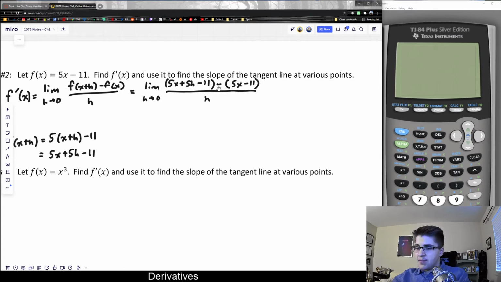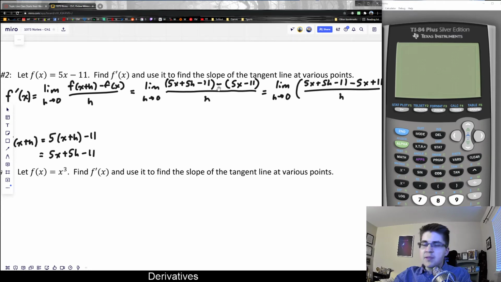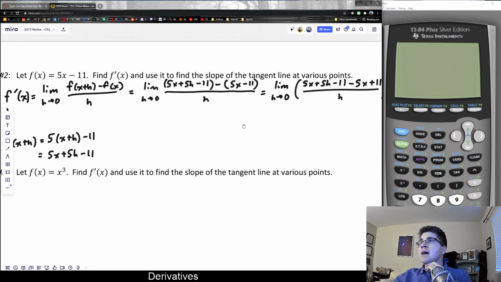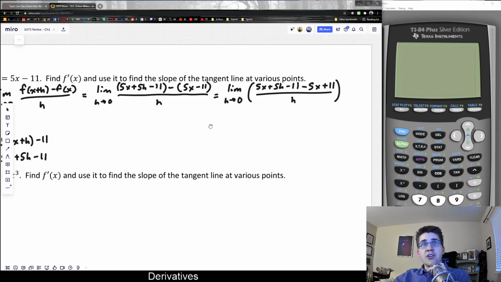Now, I could simplify this further by using the distributive property. I have the limit as h approaches 0 of 5x plus 5h minus 11, and this would be minus 5x plus 11. And as I said in class, and as I'll keep reminding, usually when I'm dealing with polynomials and a lot of algebraic functions, there should be a lot of cancellation among the terms in the numerator of the difference quotient.